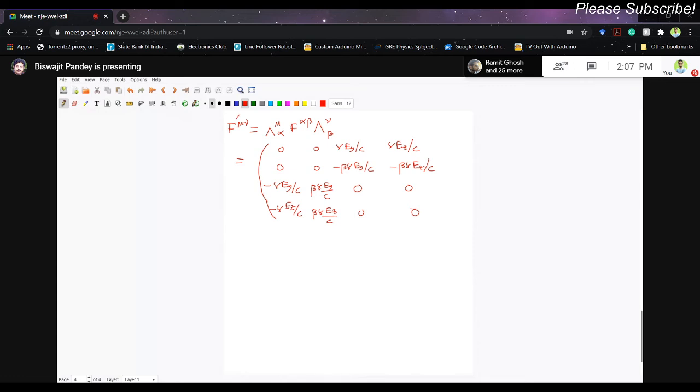Now you can figure out what the components of the electric field and magnetic field are in the primed frame, because you already know the field tensor which you have defined earlier. You know the different components of the field tensor, right?